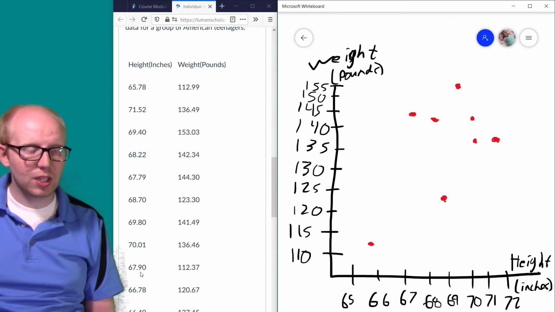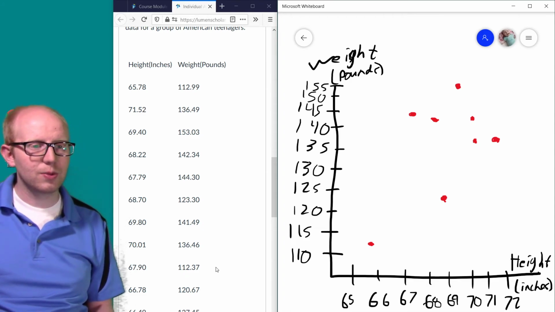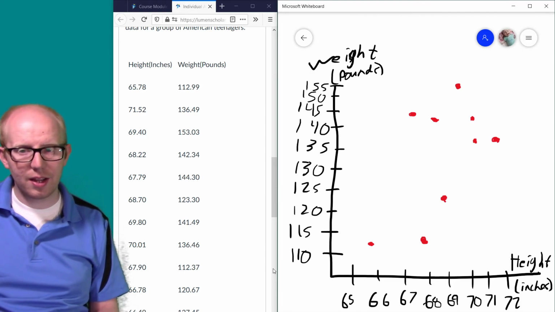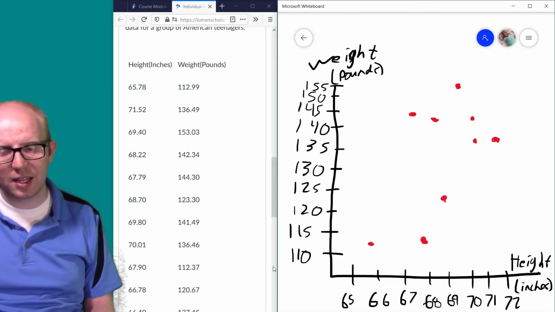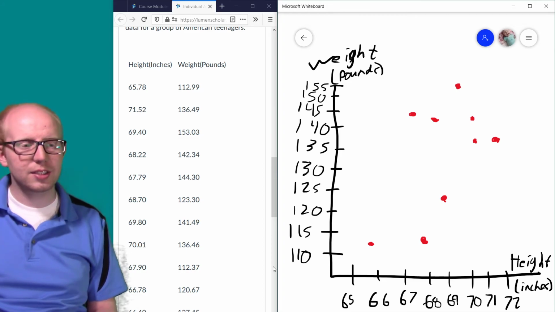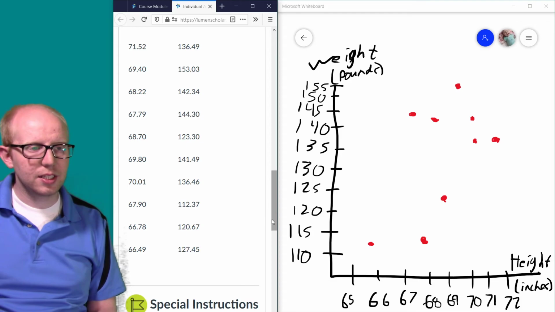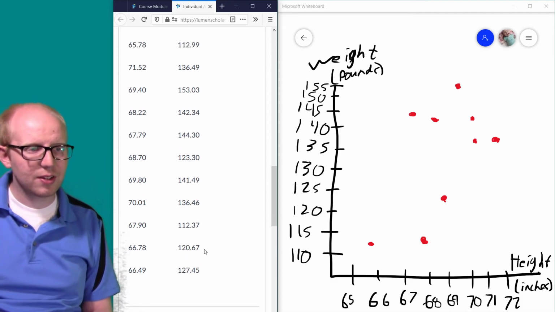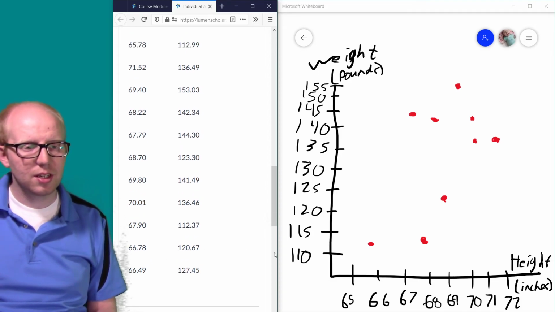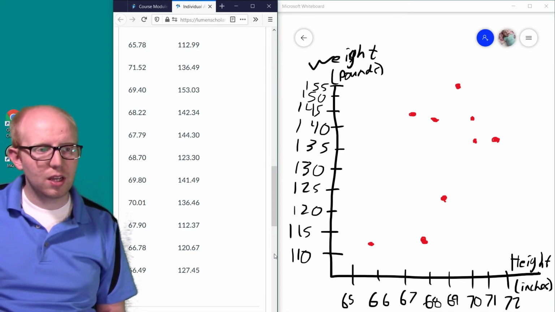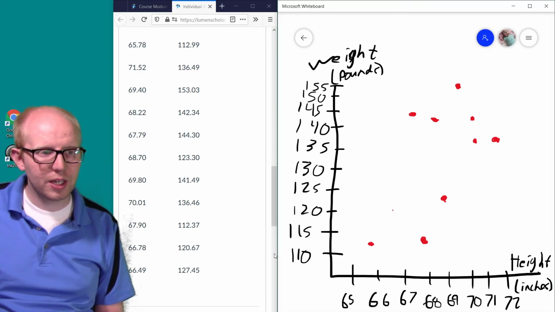67.9. That's right around 68 and 112, so right around 68 on the x-axis and right around 115 on the y-axis. And then 66.78 at 120. 66.78 would be between 66 and 67, and around 120, so that'll put us right around there.